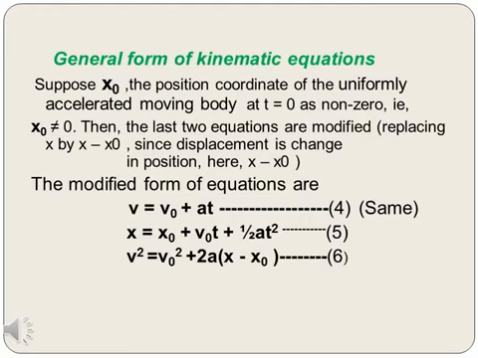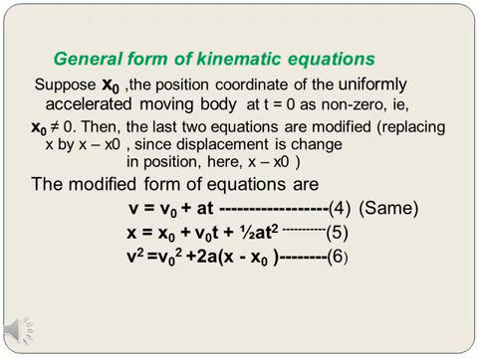Then the last two equations are modified by replacing x by x minus x0. Since displacement is change in position, here x minus x0 is the displacement traveled by the body in the time interval 0 to t.